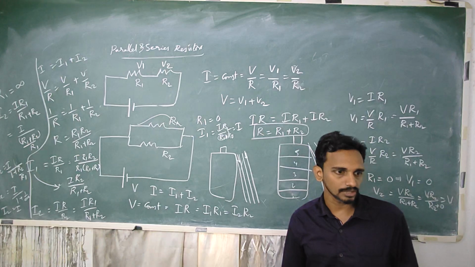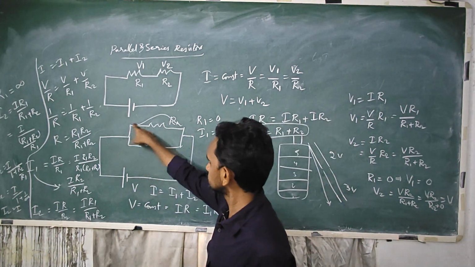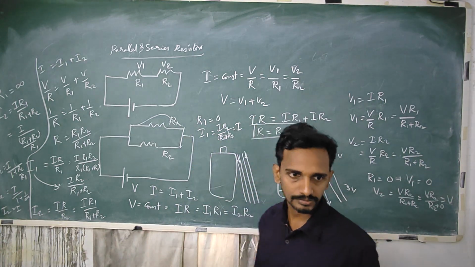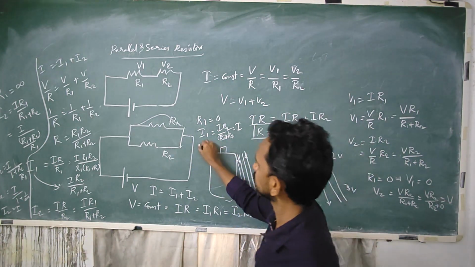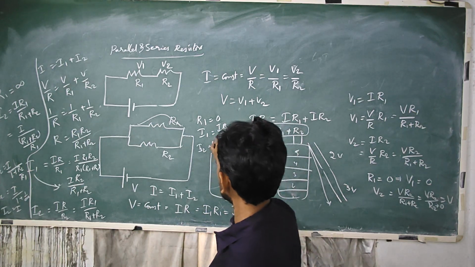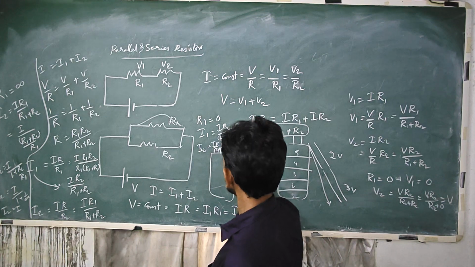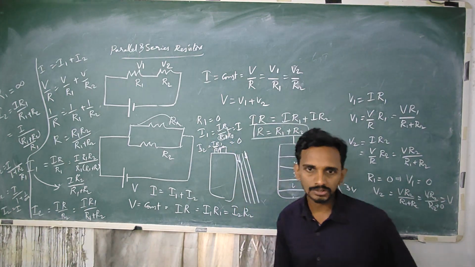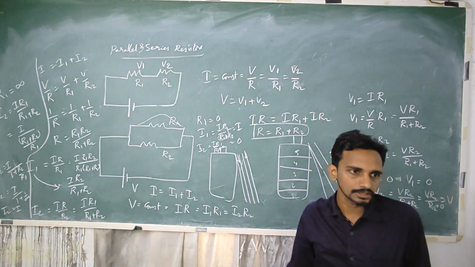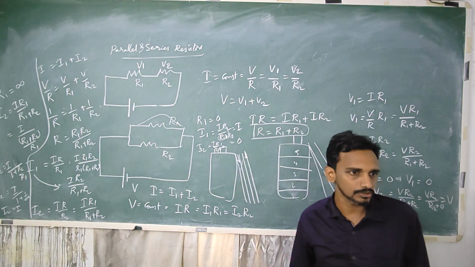I1 is equal to I, so the entire current flows through this. What about I2? I R1 by R1 plus R2. This is 0, so no current flows through the second resistor. The entire current flows through the first one, which has 0 resistance.